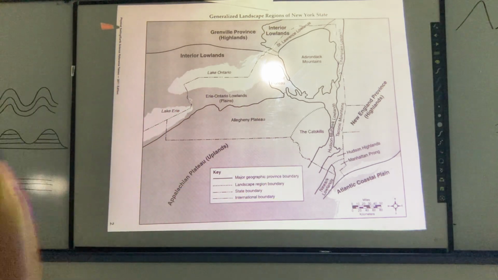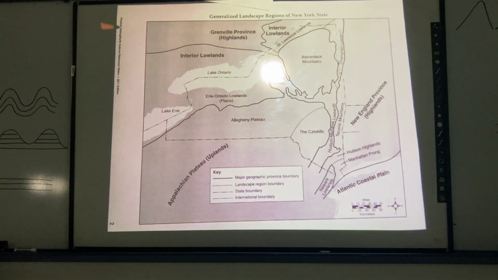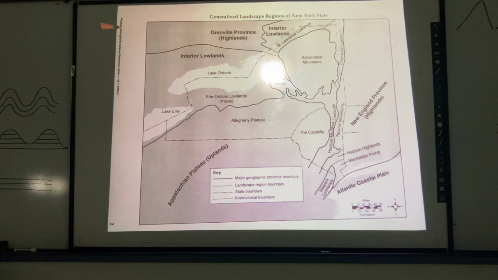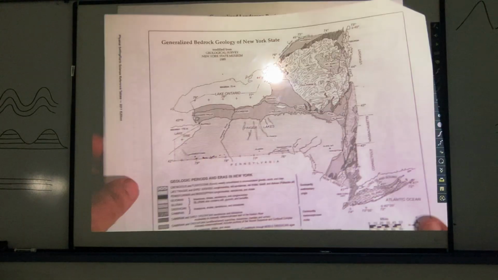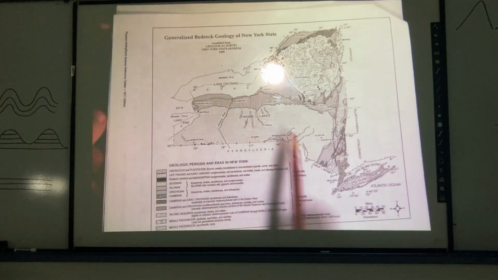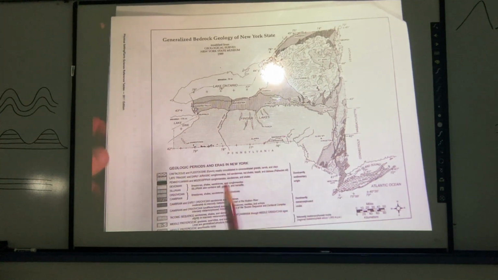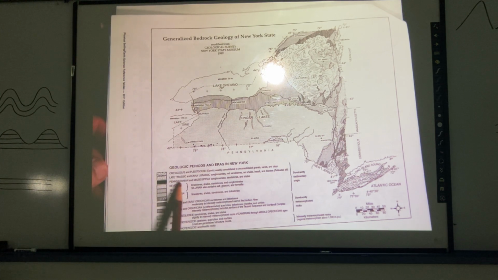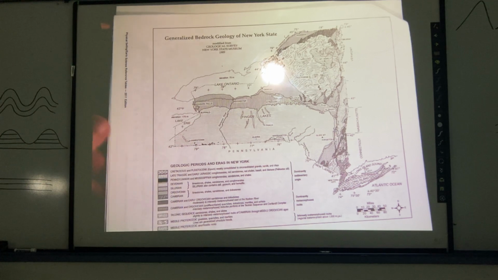Then, to answer that question, I go to the other map of New York, and I can see where the Allegheny Plateau is. I come down here to the little dots. Most of the rock in the Allegheny Plateau is from the Devonian time period.